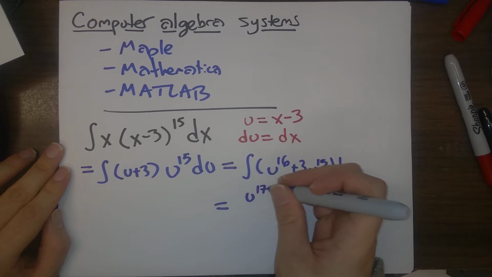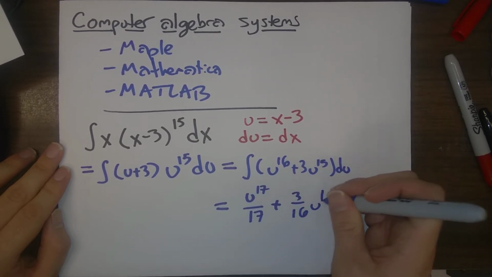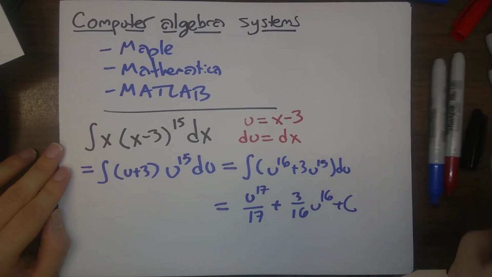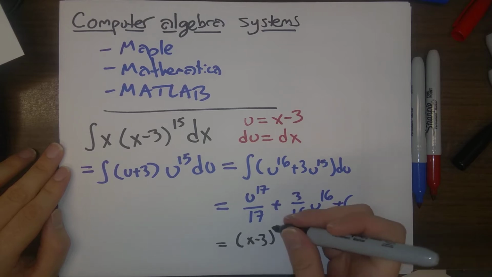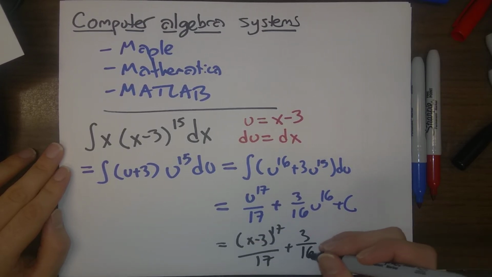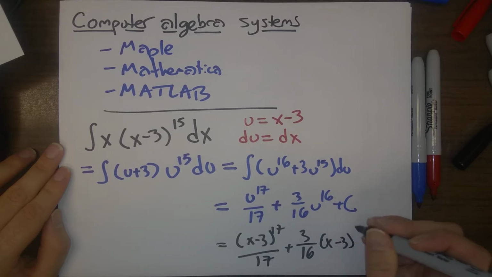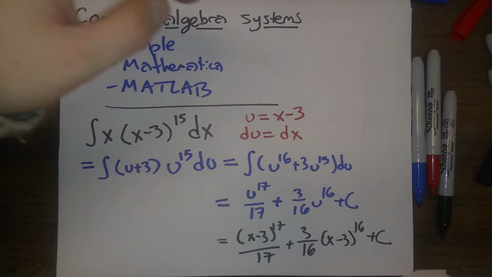So u to the 17th divided by 17 plus 3/16 u to the 16 plus c, and then plug back in for x minus 3. And so this is the way that we would do things.